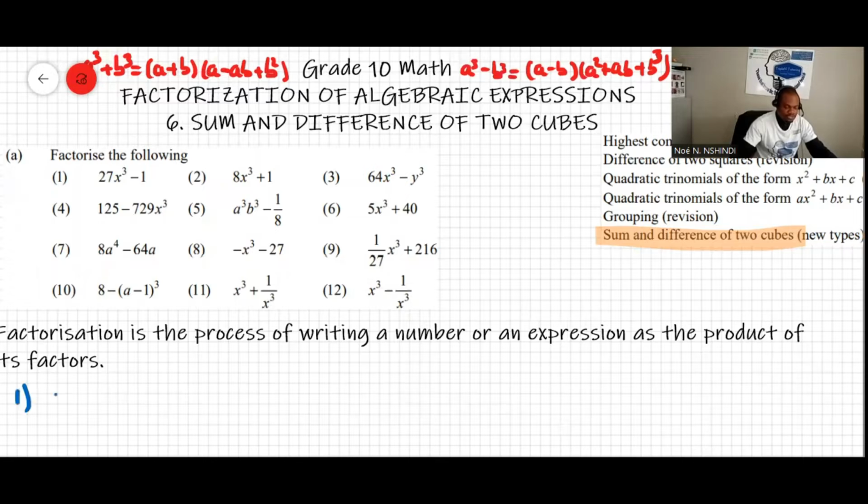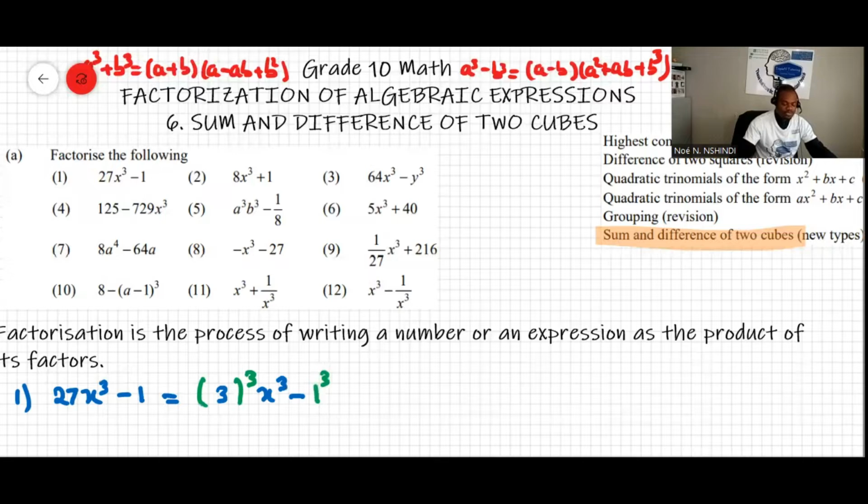Question 1, we have 27x cubed minus 1. You notice that 27 is a cube number. It is the cube of 3. So we can write it as 3 cubed, x cubed. Minus 1 is also a cube number. It is the cube of 1. Actually, 1 can have any power.